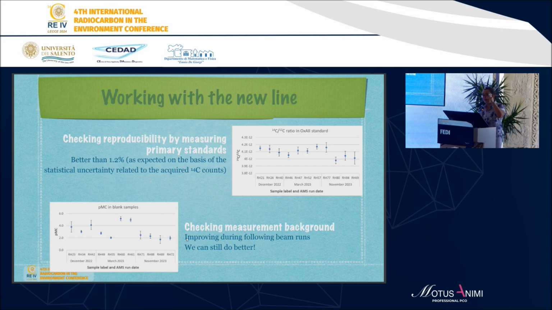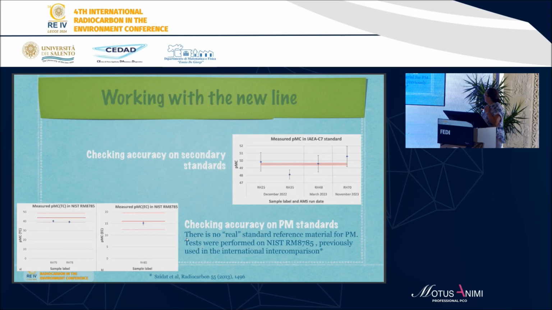We have in mind archaeological applications, but we are dealing with environmental particulate matter samples, where the precision needed is somehow not so important as for archaeological application. And of course, we also check the accuracy on secondary standards. So, for example, measuring C7 standard, and also particulate matter standard.